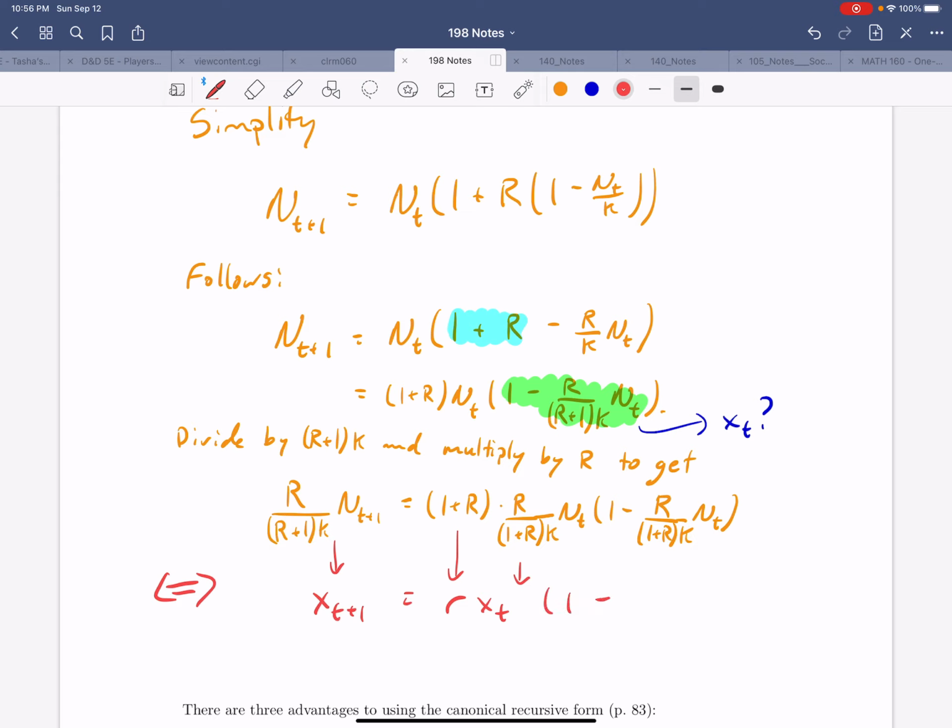And then this is my 1 minus x of t. Where I'm going to let x of t equal r over 1 plus r, K, N of t, and r, little r, I should say, equals 1 plus big R.